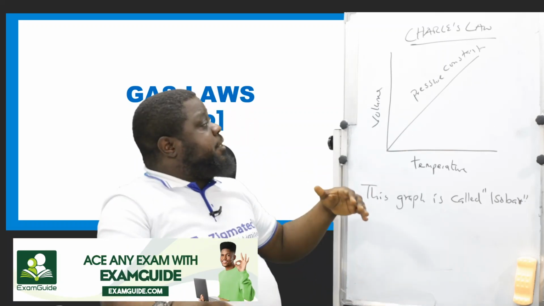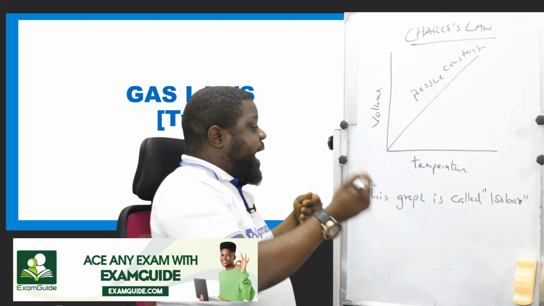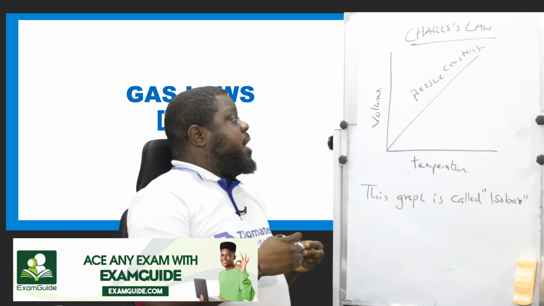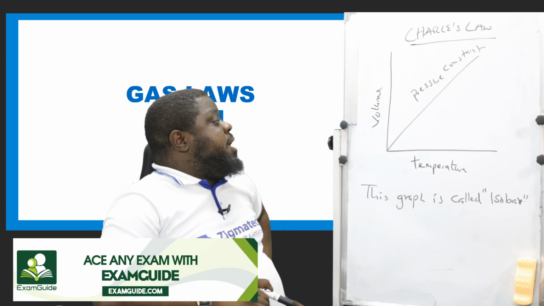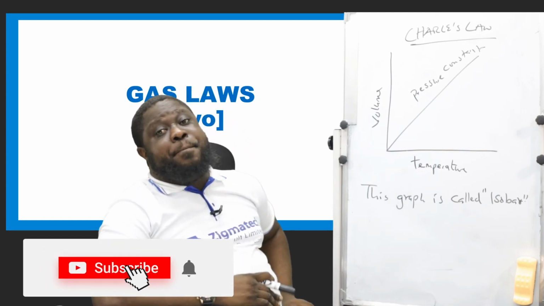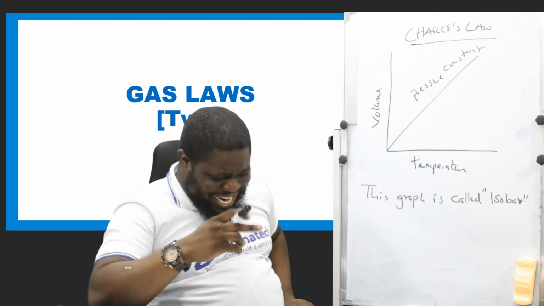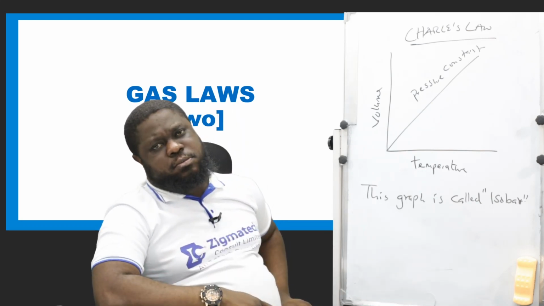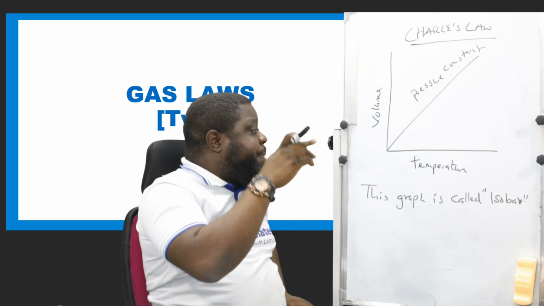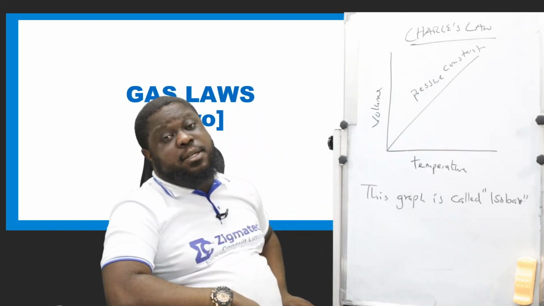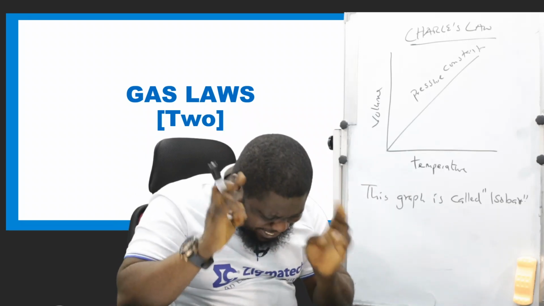As you can see, the graph is called isobar. So, as you can see, as the temperature is increasing, the volume is increasing at constant pressure.